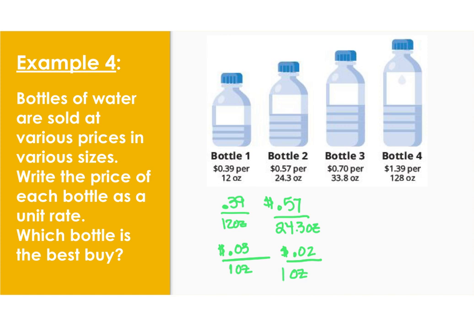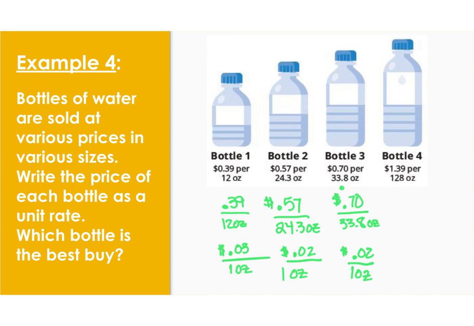The third here is 70 cents per 33.8 ounces. I will divide 70 cents by 33.8. That one is also 2 cents per ounce. We might need to know that with the best buy.